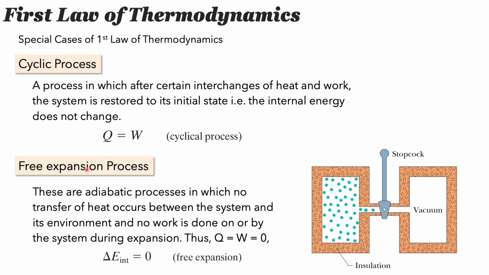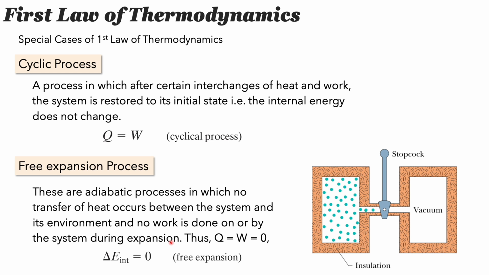Now, a free expansion process. These free expansion processes actually are adiabatic processes, meaning that no transfer of heat takes place between the system and its environment, and no work is done on or by the system during this expansion.